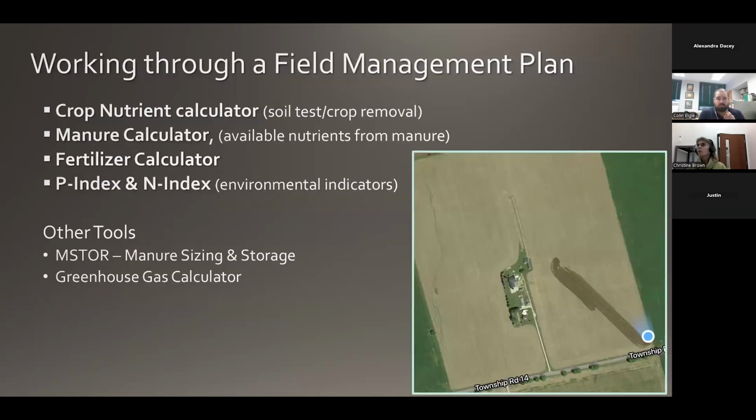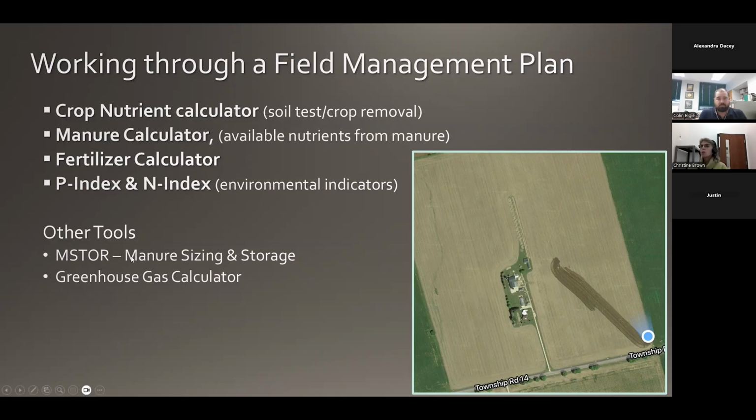And so we're going to walk through the field management plan. The crop nutrient calculator uses the soil test and crop removal to give some ideas of what is the amount of nutrients we should consider adding to the field. The manure calculator gives us the available nutrients from manure. The fertilizer calculator helps us to balance what we're applying without the manure. And then the P index and the N index are the environmental indicators.